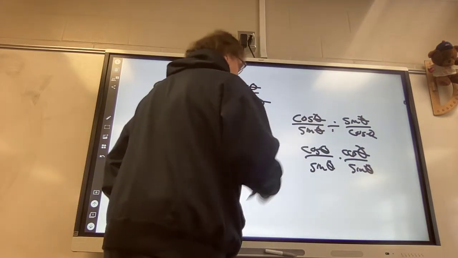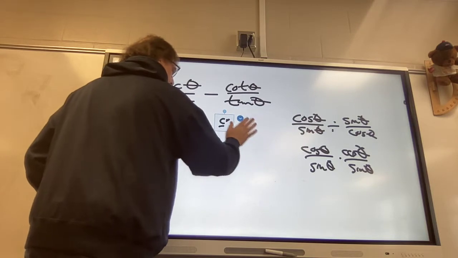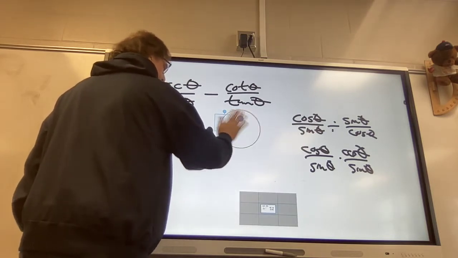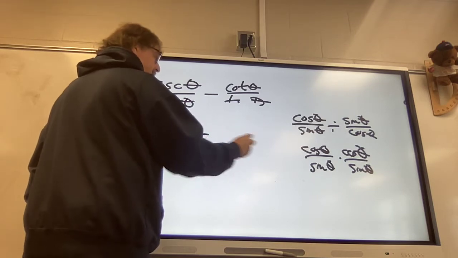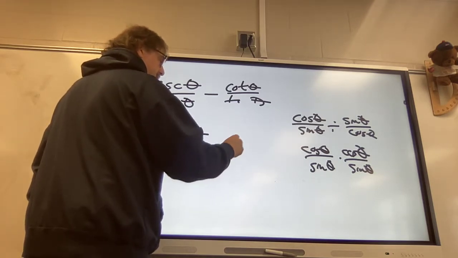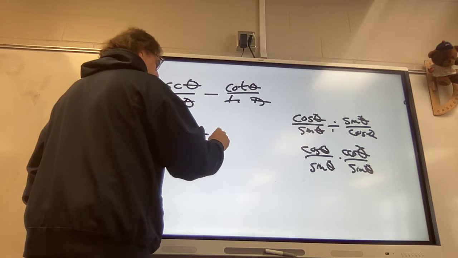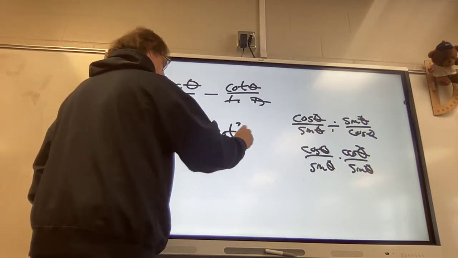Cosine squared over sine squared is 1. Cosine squared over sine squared is cotangent squared.